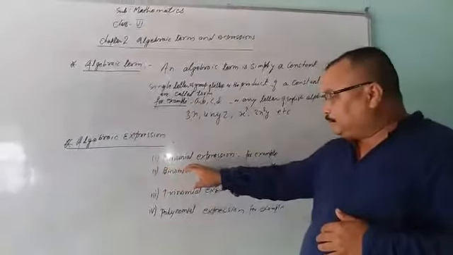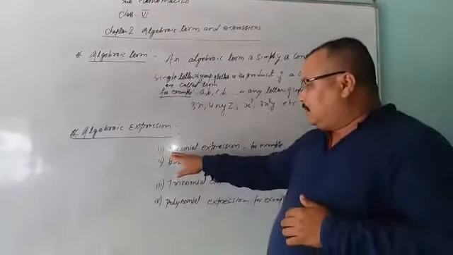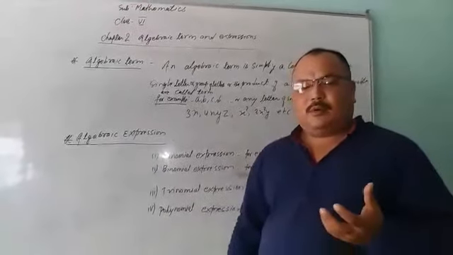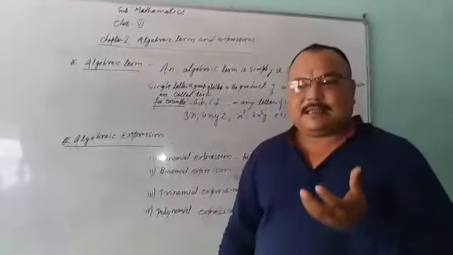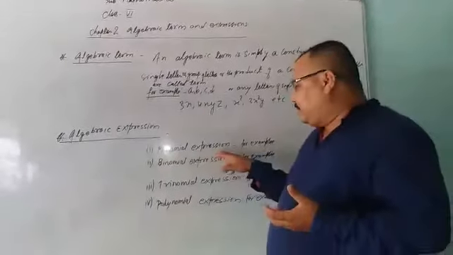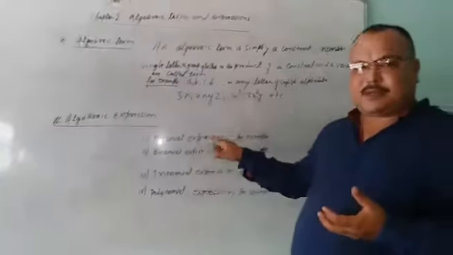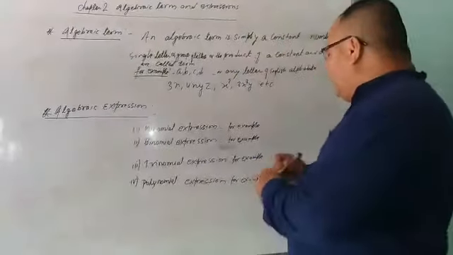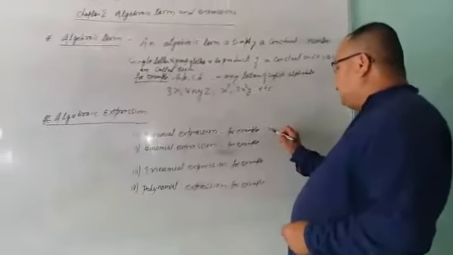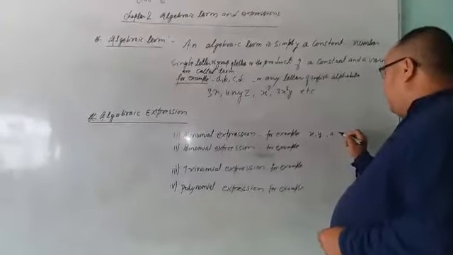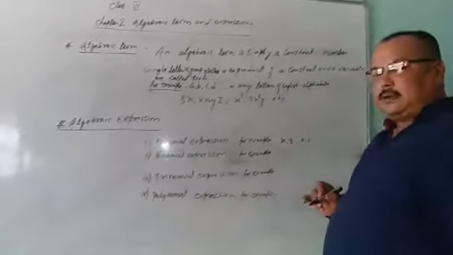Here, monomial expression. Did you know the mono? Mono means single. So monomial expression means a single term expression. For example, x, y, a, b are single terms.